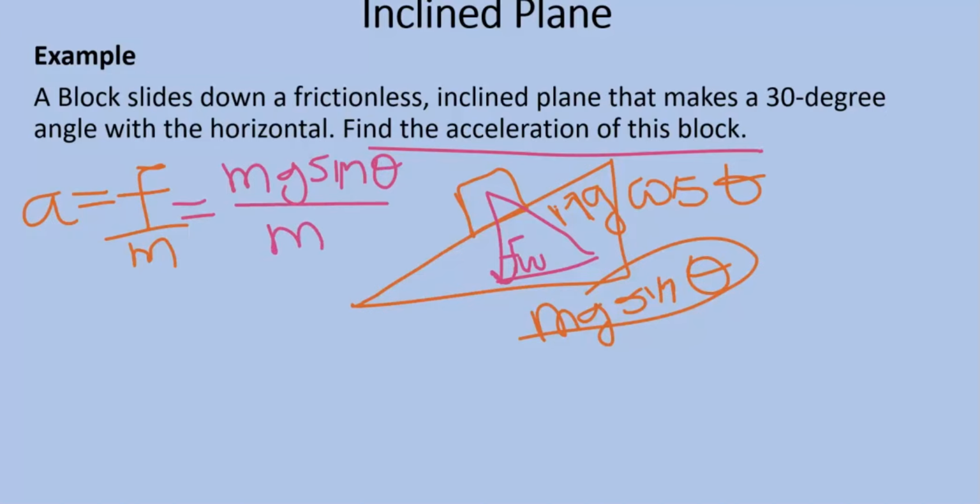To break it down easily, let's cross out the m's. This m cancels this m. Then we have a equals g sin theta.